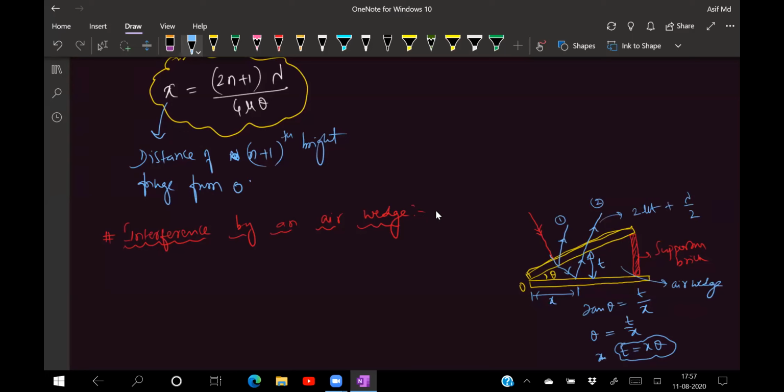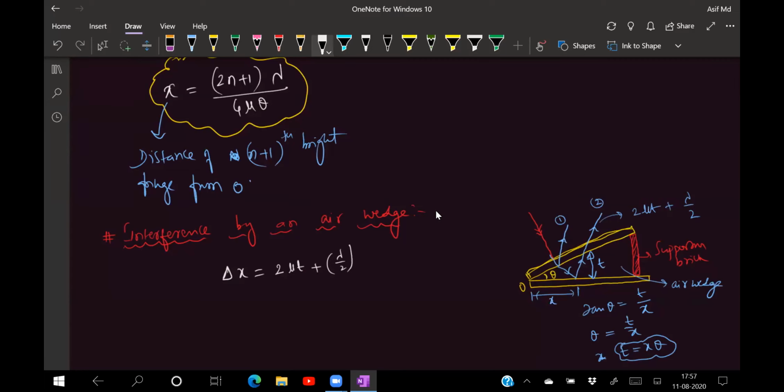Can anyone tell me why it is plus? Delta x is equal to, no doubt, 2 mu t. The mu value for air I can take as 1, plus there is a minus of minus, so it will become lambda by 2.